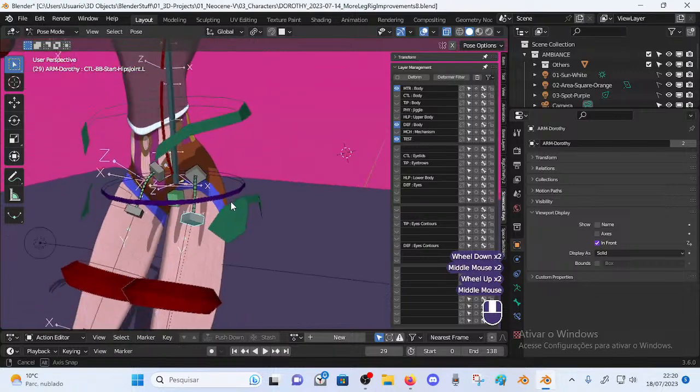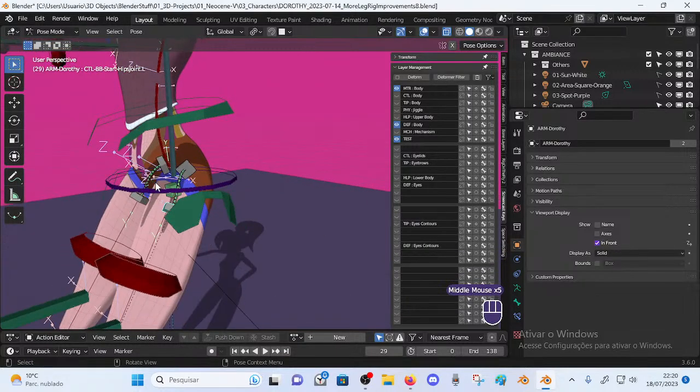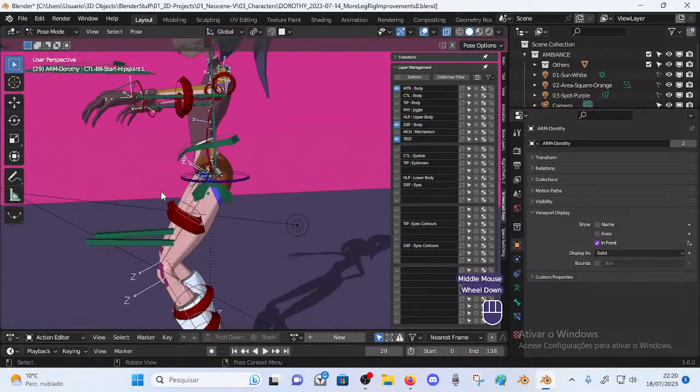rig for that. I have already, in case you don't know, a tutorial about this that uses armature deform, right, instead of shape keys.